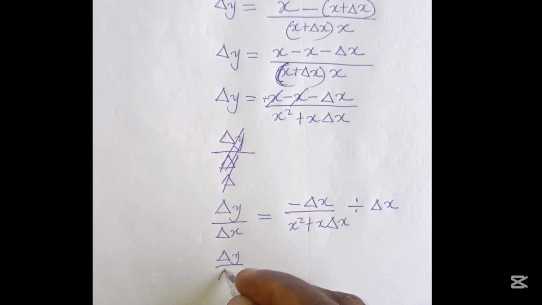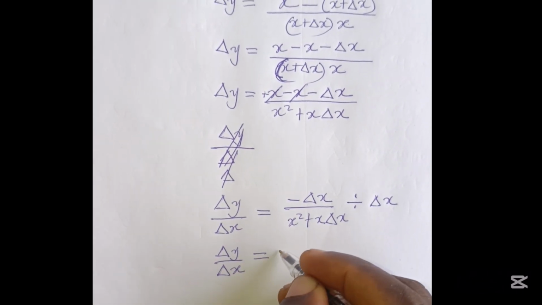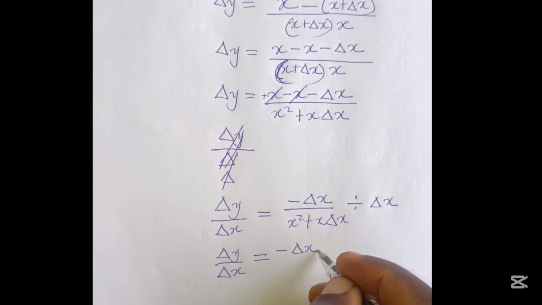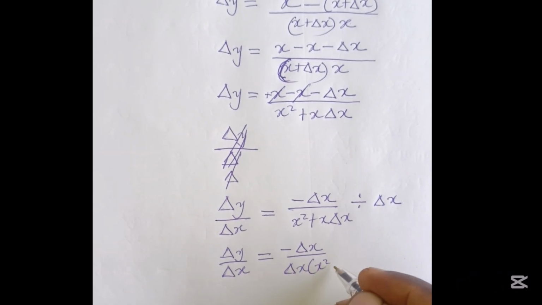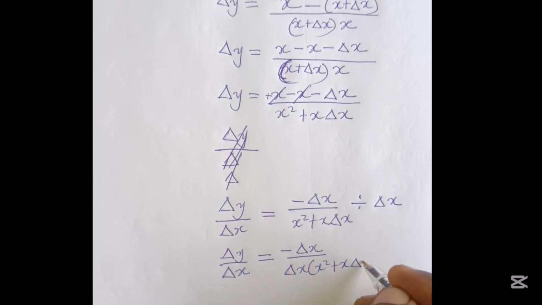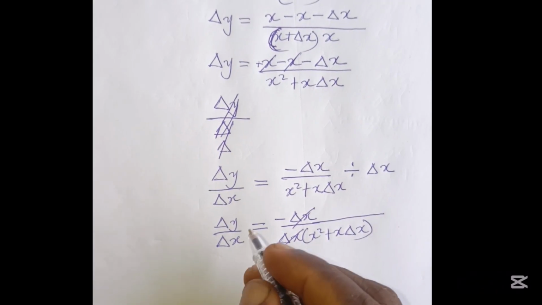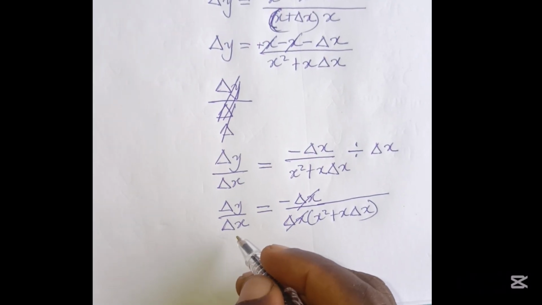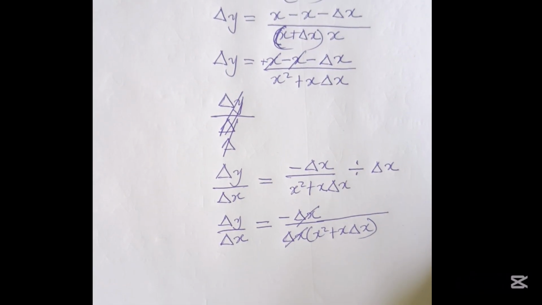So we know that change in y divided by change in x is equal to minus change in x over x square plus x change in x, times change in x, the one we divide with. So that change in x in the numerator and the one below in the denominator cancelled out.